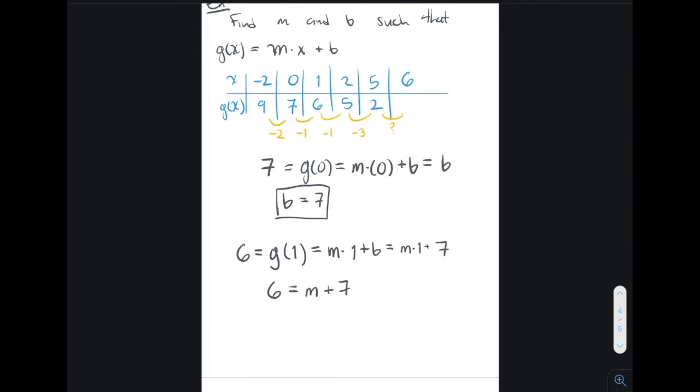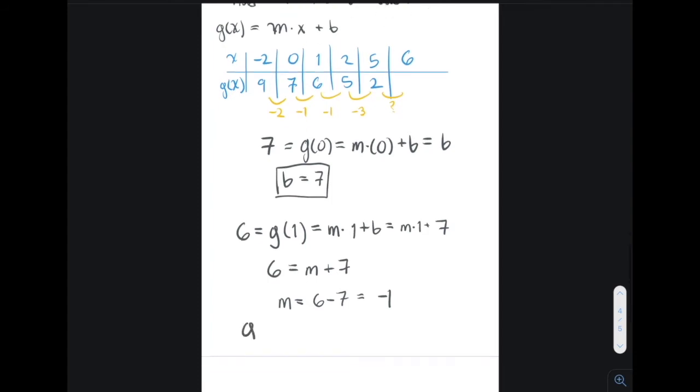Consequently m equals -1, which is exactly what we thought it was. Altogether, we can express g of x as -1 times x plus 7.